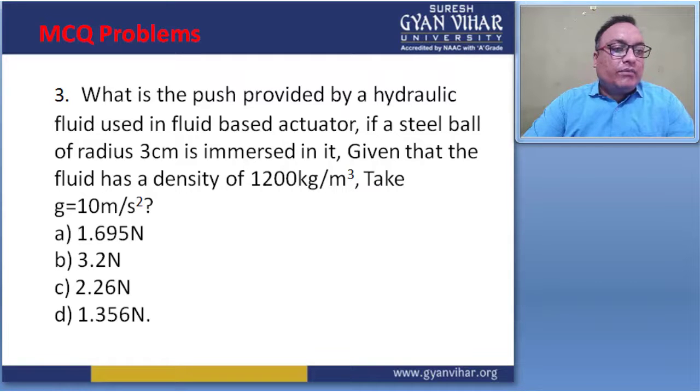Find the area, and then find the pressure, P equal to rho G H, right? And then the correct answer is 1.3586 Newton, right? So this is the force. D is the correct answer.